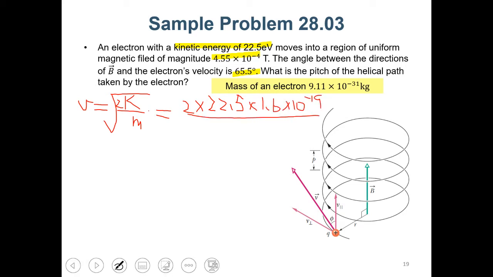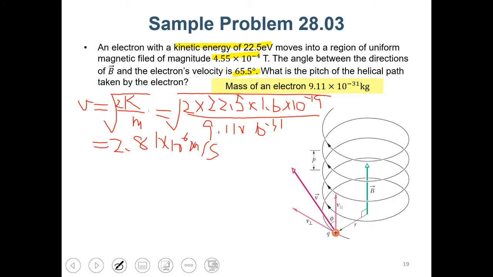We convert the eV into joules, and this is an electron, so the mass should be 9.11 times 10 to the minus 31. Take the square root, and this should be v. So it should be 2.81 times 10 to the 6 meters per second.